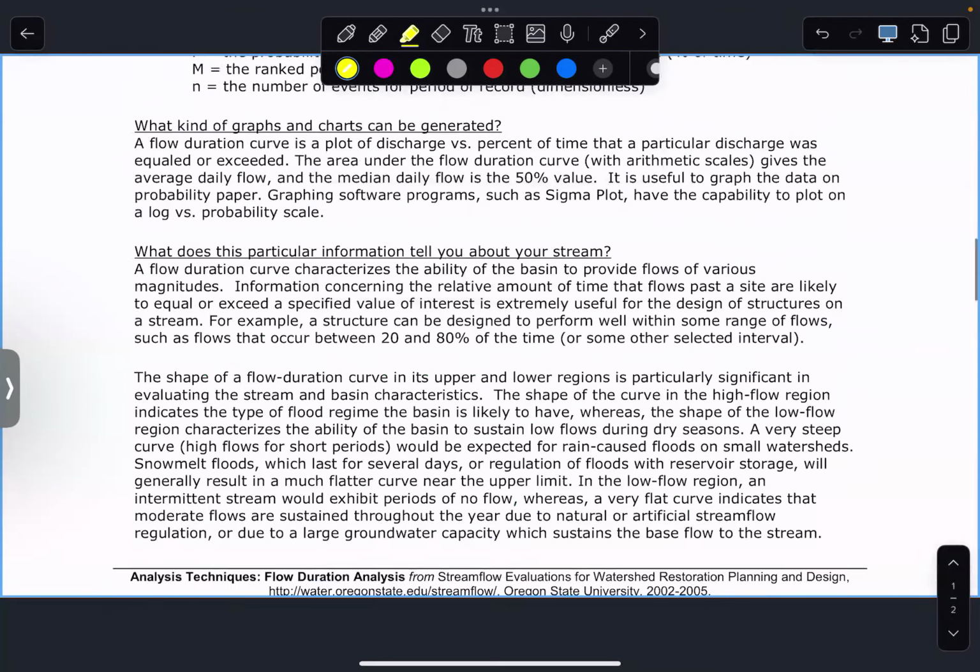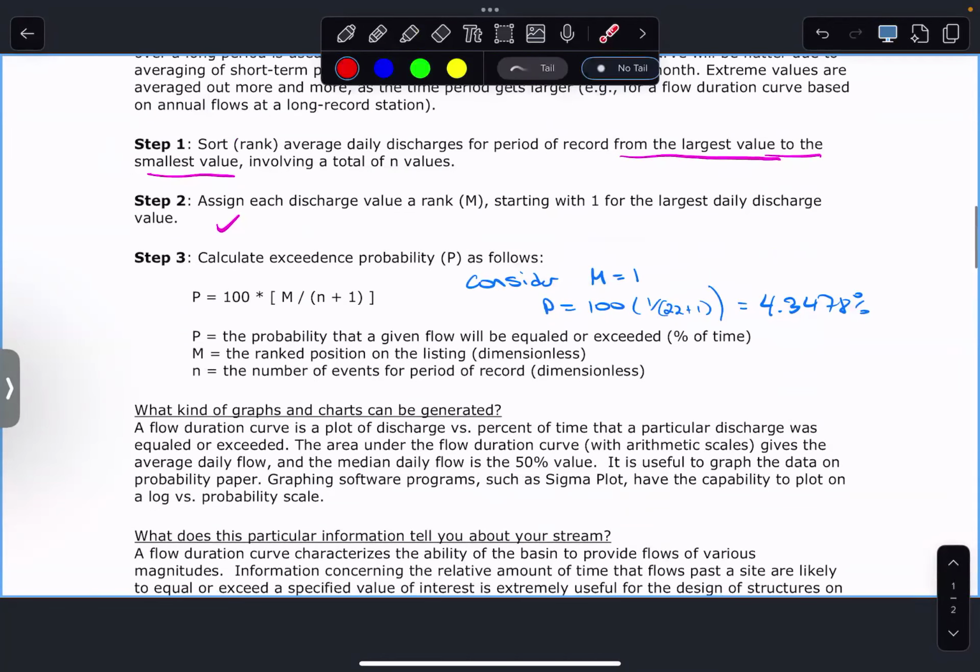So the math is in fact not that bad. You sort your flows from largest to smallest, you add a ranking number, and calculate the probability associated with each rank, making sure that you remember to divide by n+1. And then you can use that on your x-axis usually.